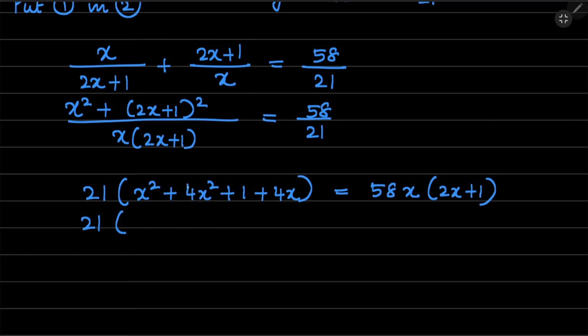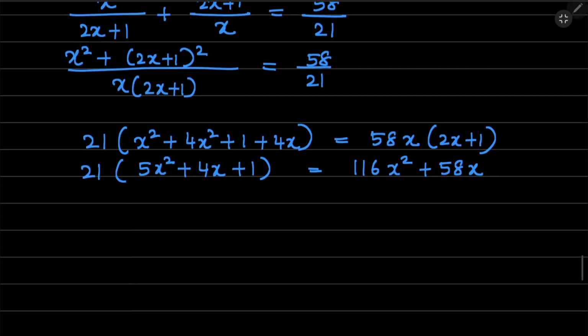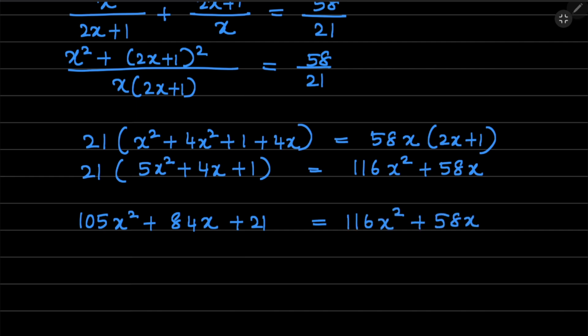So you have 21 into 5x square plus 4x plus 1 equal to 116x square plus 58x. Now we just have to solve them. So here 21 into 5 is 105x square plus 84x plus 21 is equal to 116x square plus 58x.